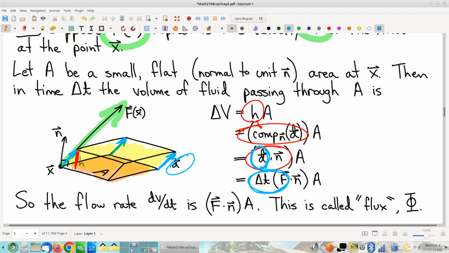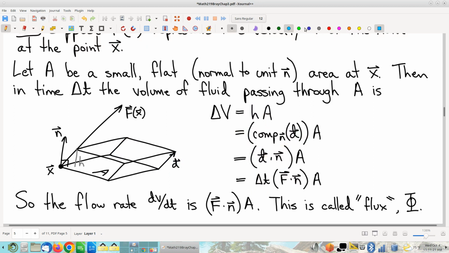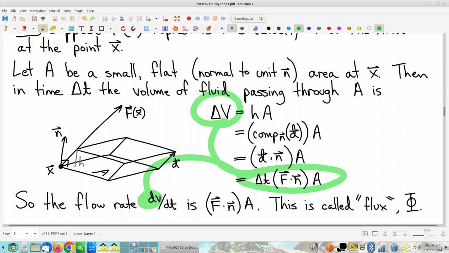And so the punch line with all of this together is that the volume per unit time is this thing right here, F dot N times area.